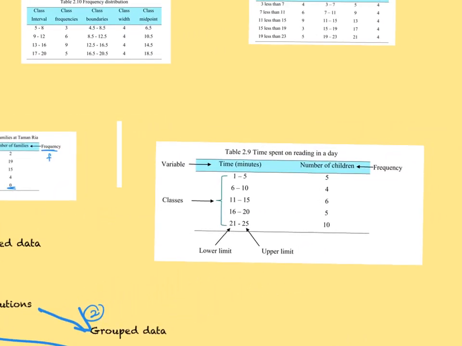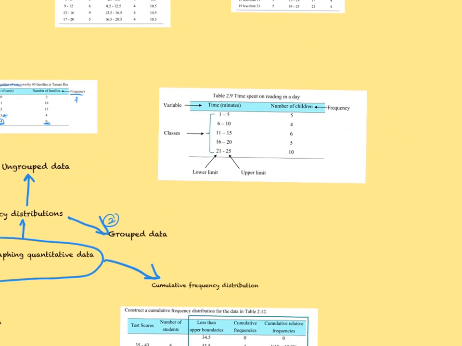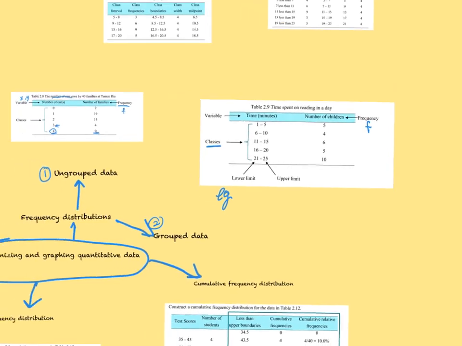But if we take a look at table 2.9, this is the example for grouped data. As we can see here, we also have frequency, f. And then we have time spent on reading in a day, time in minutes. But the classes here are a little bit different between these two examples.